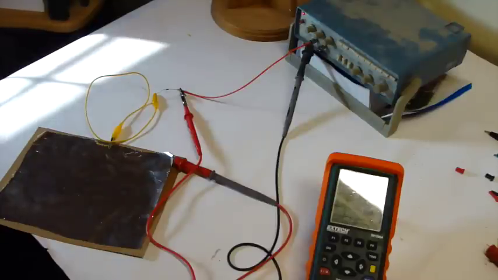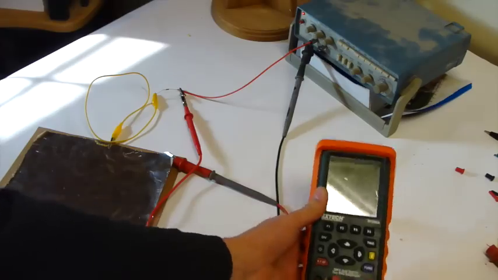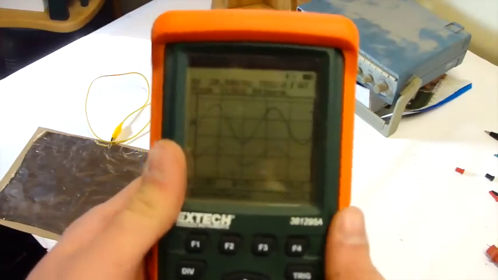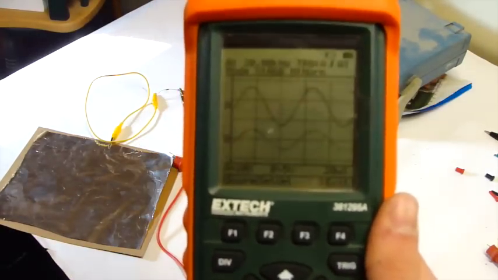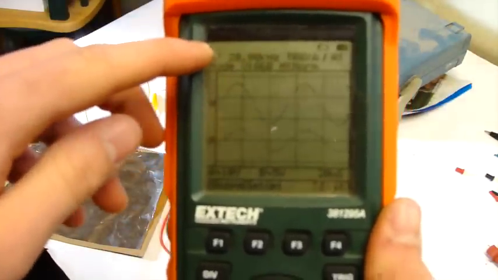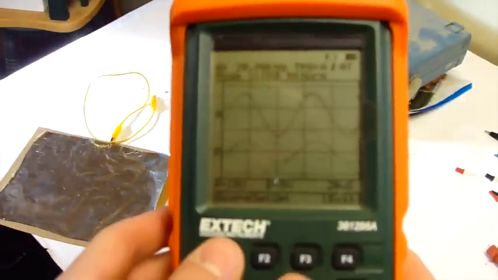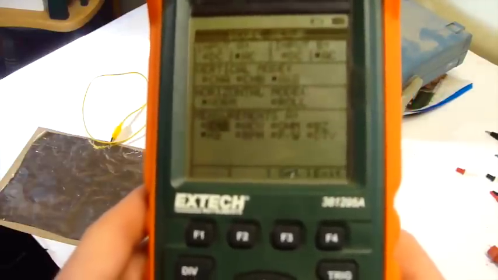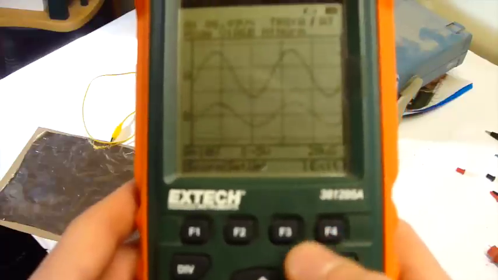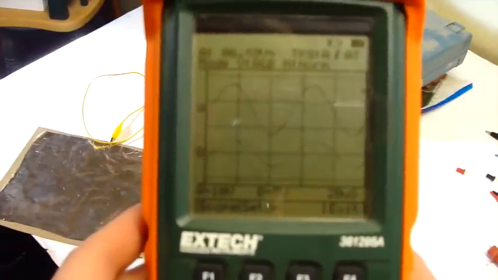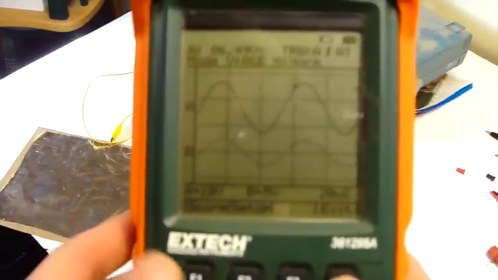If we look at the oscilloscope, we can see that channel A is hooked up to the input, which is at exactly 20.00 kilohertz. Let's measure the voltage there. The voltage is about 6.5 volts.